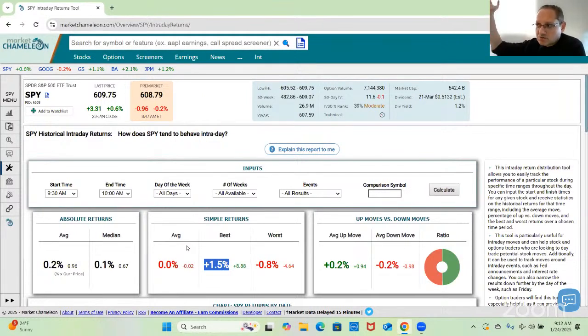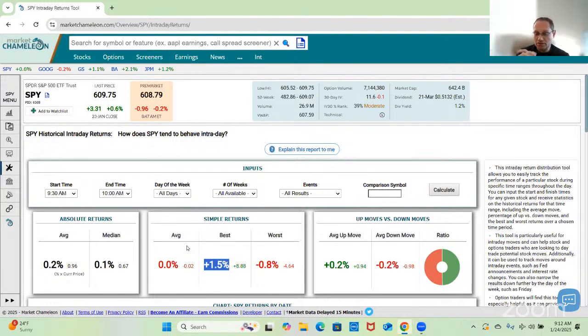Just because 60% of the time it's up, well, if it's up only 0.1%, and when it's down it's 0.2%, then on average it's going to be low. You've got to be careful with the down moves, because if you keep doing it, it doesn't matter if you have more wins, because the losses will exceed all the other wins. So let's separate the up moves and down moves.